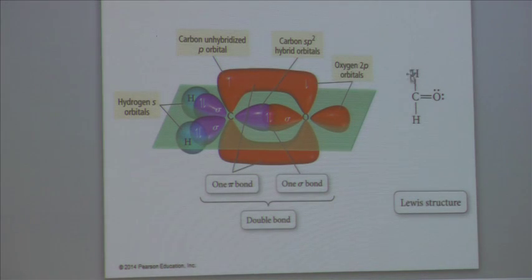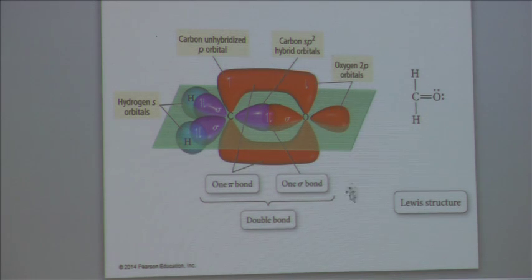And the Lewis structure of formaldehyde looks like this, and here are the hydrogens, each giving one electron, and then the hybridized sp2.